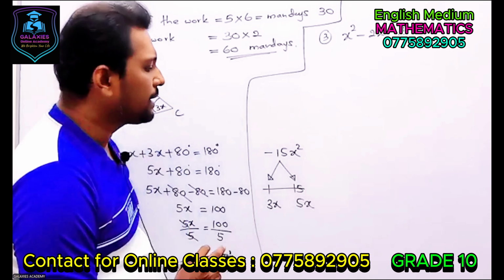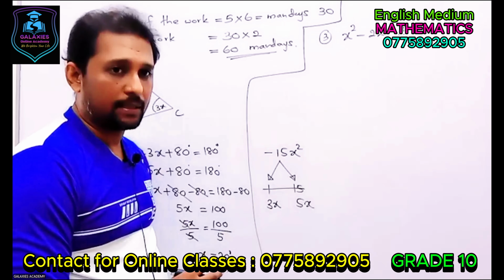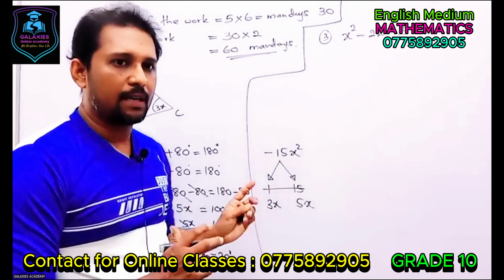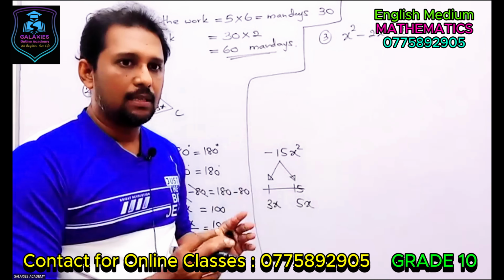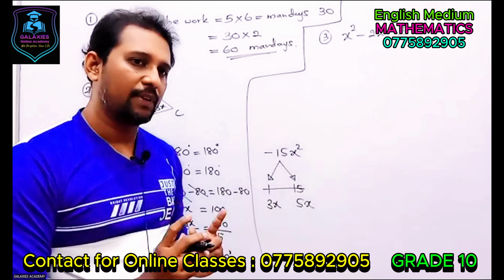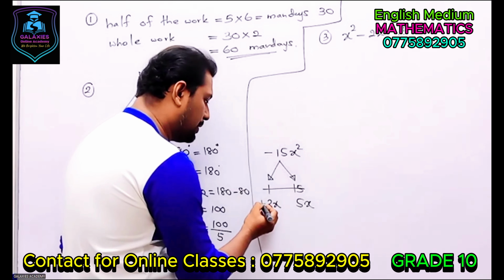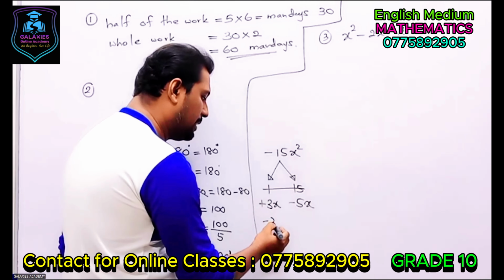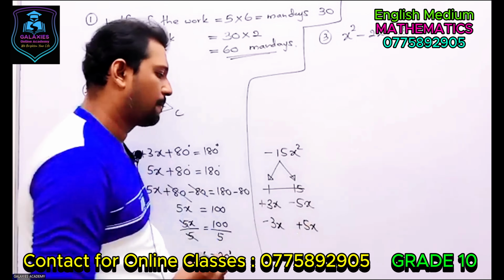Then you have to check how about the signs of these two factors. Product should be negative. If the product is negative of multiplication of two directed numbers, these two should be different signs. That means this one should be positive and this one should be negative, or this one should be negative and this one should be positive.